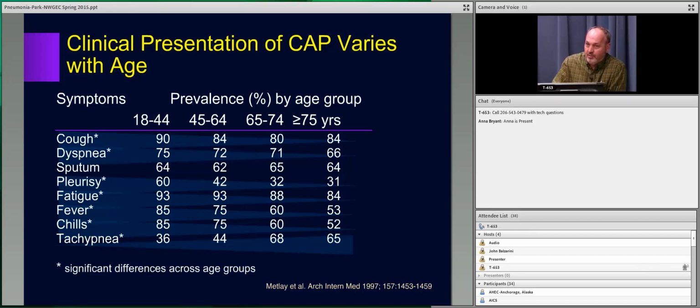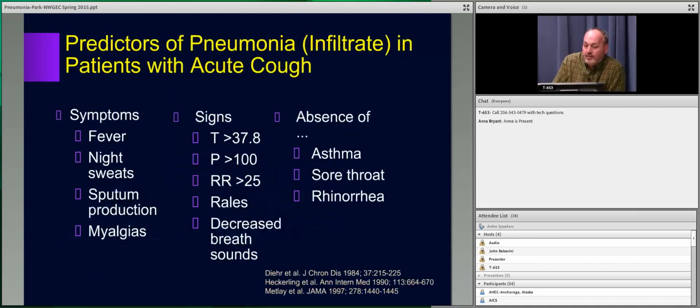So think about pneumonia, particularly in an elderly person who's off their feed, who isn't right, who's breathing fast, who's hypoxemic, and don't count on seeing the classic presentation that your 24-year-old person will demonstrate.